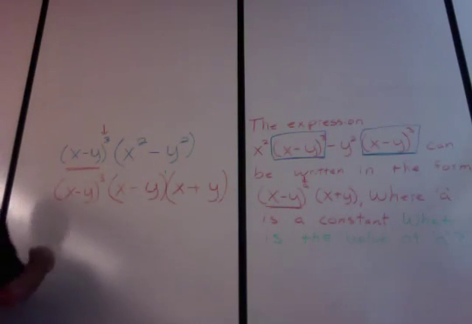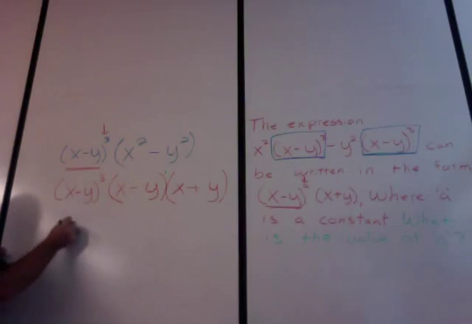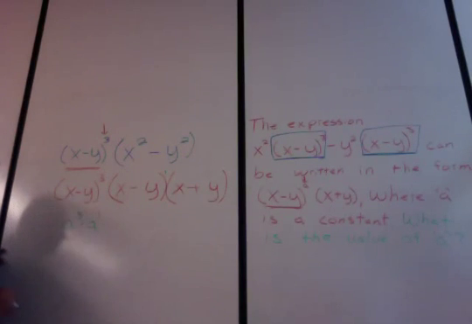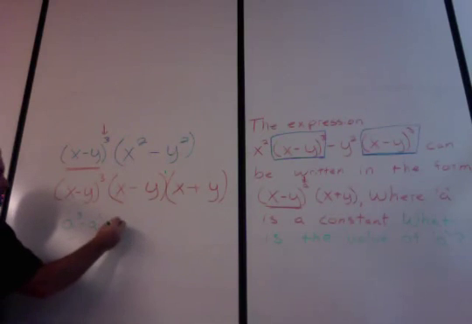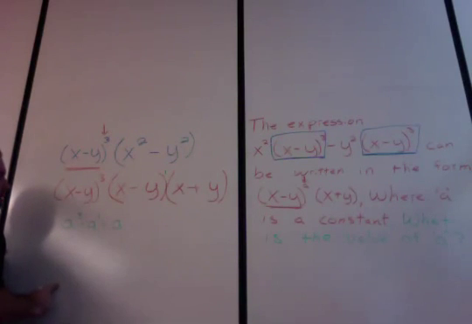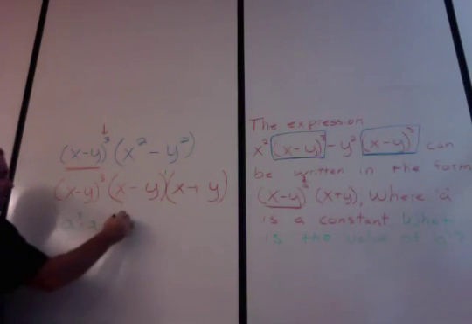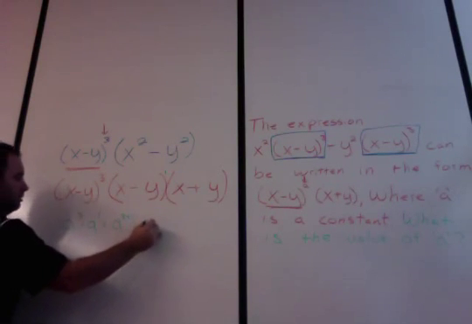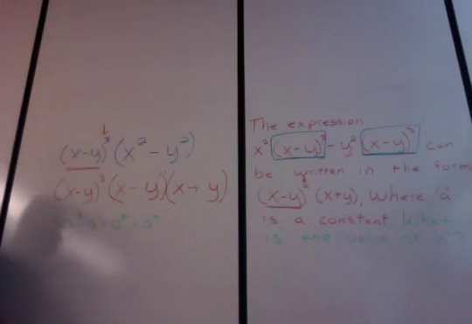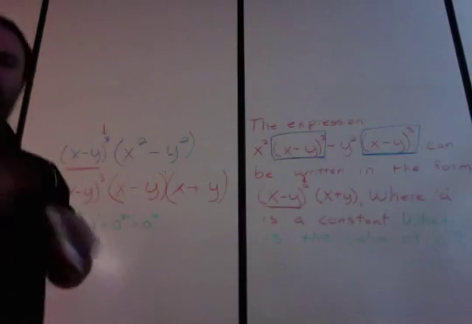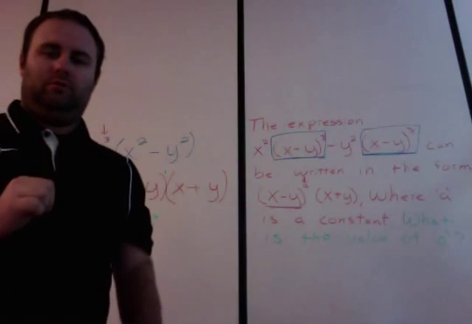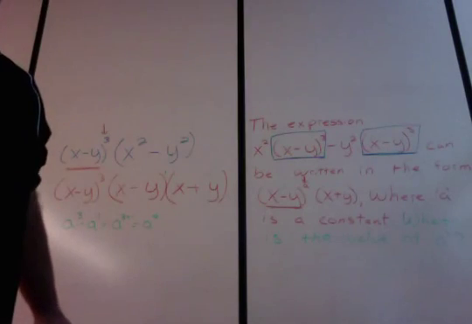But if you remember the rules of exponents, if I have a base to some power times the same base to another power, what do I do with those exponents? Well, the rule is you take your base and you add the exponents, which in this case is going to be a to the fourth power. So I need to apply that exponent rule to this situation.